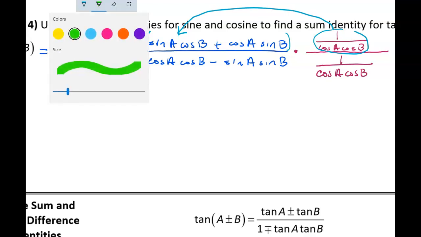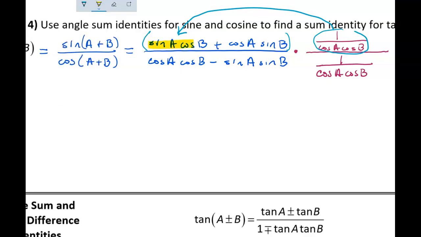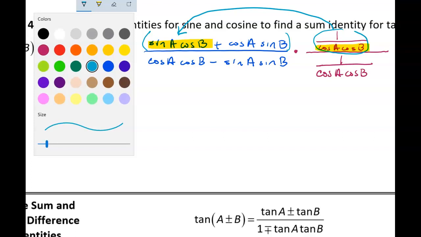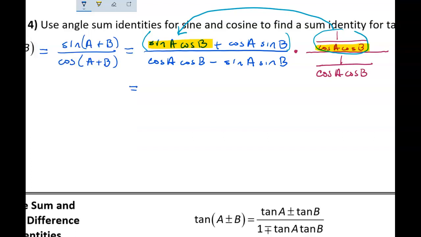So if we distribute to the first term, what you'll notice is that the cosine A and sine A are not going to cancel, but our cosine B's are going to cancel. And what that's going to leave us with is sine of A over cosine of A.